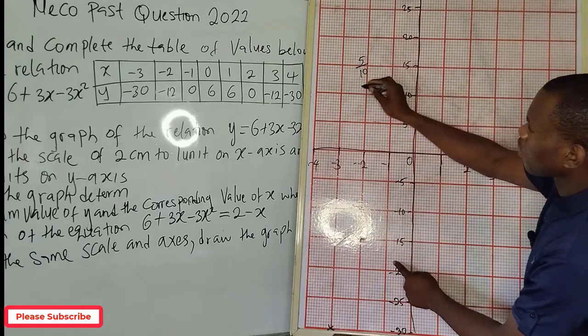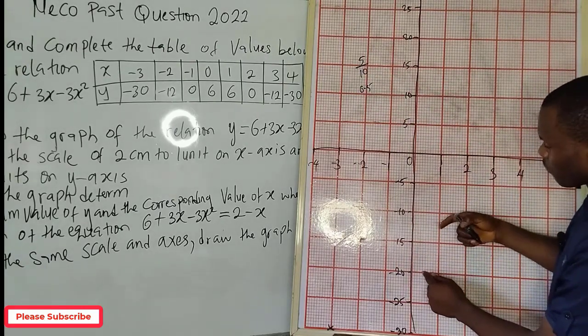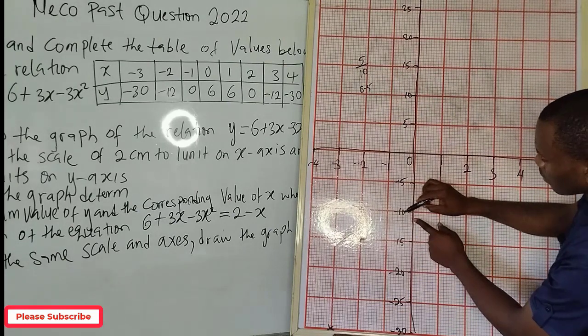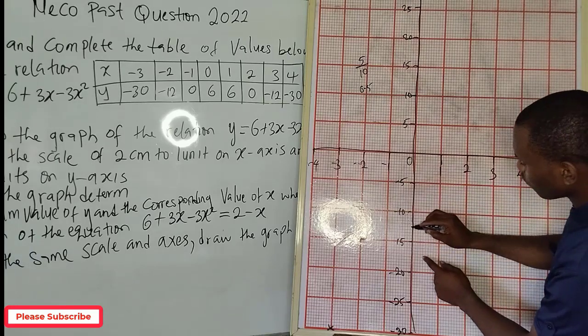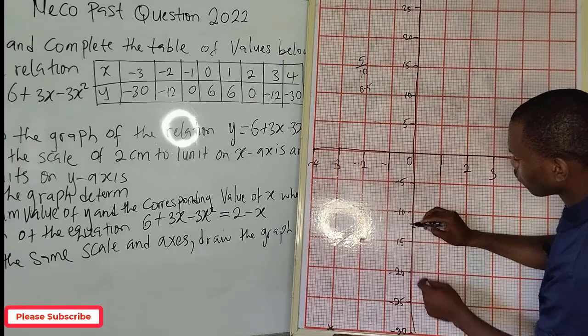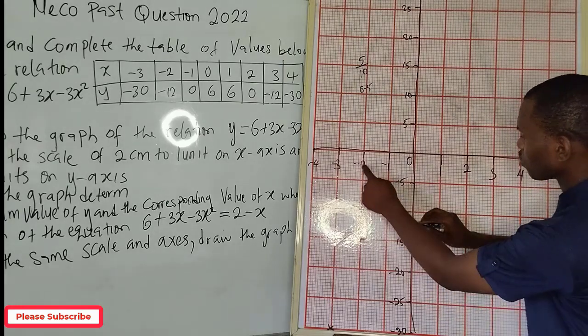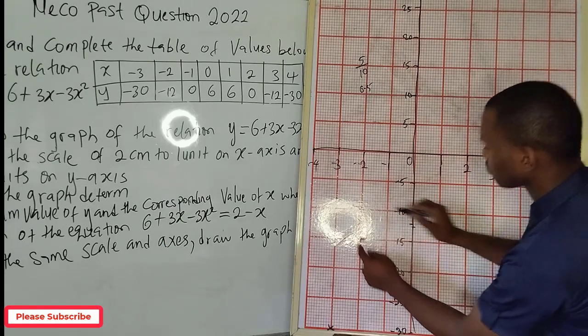If I divide, I'll have 0.5. So each little line is 0.5. Since I have 10 here, this is 10.5, 11, 11.5, 12, 12.5. So 12.5 is somewhere here. But we are looking for 12 rather. So 12 will be somewhere here. So 12 and 2 will meet at this point.